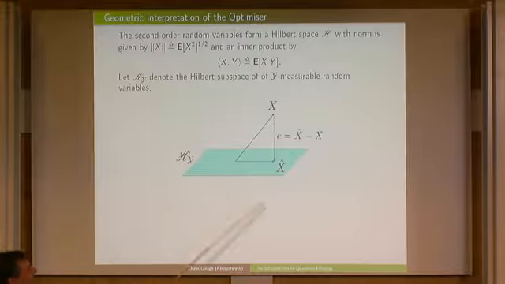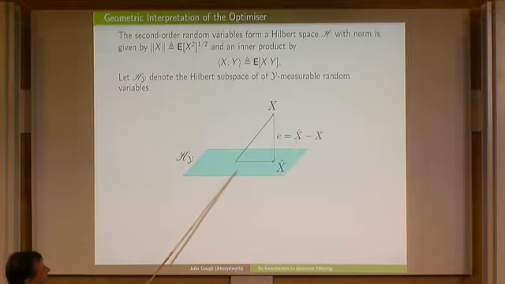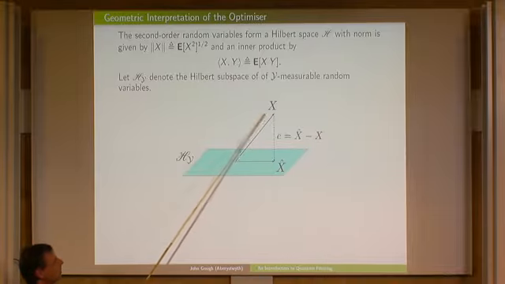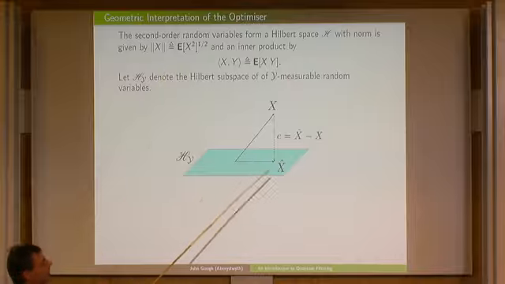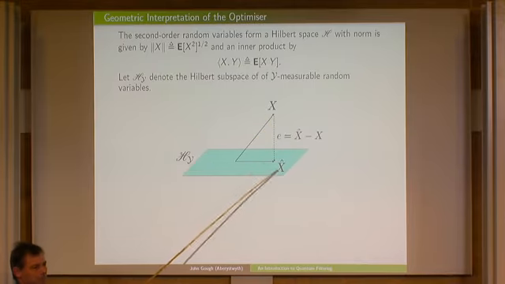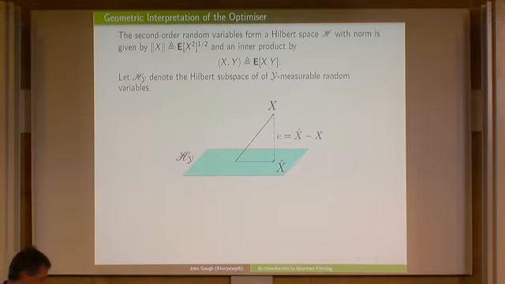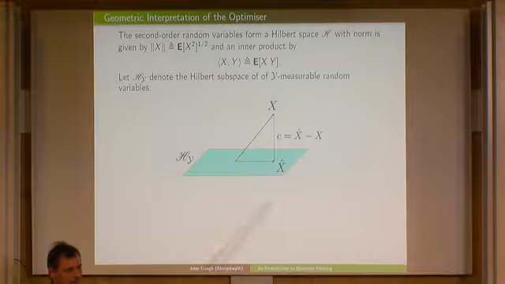Which we'll draw as a plane down here. So the question of optimality is, we have to find some vector in this plane such that its distance up to the original x, which typically isn't in this plane, is minimized. And the shortest distance, because we have geometry here, is just to project down, right? In which case the error is perpendicular to the plane.